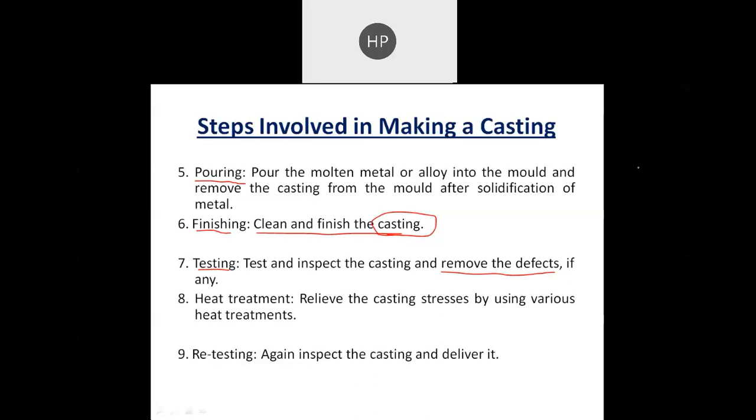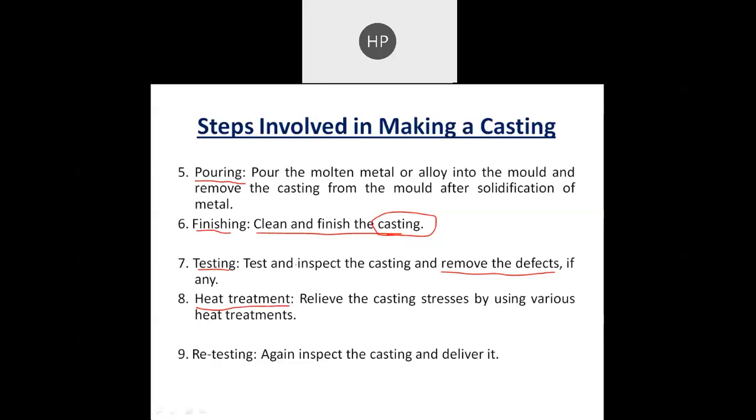And to remove those particular defects, we have to perform a heat treatment process. Why is this heat treatment process important for casting? Because we have to relieve the casting stress by using various heat treatments.